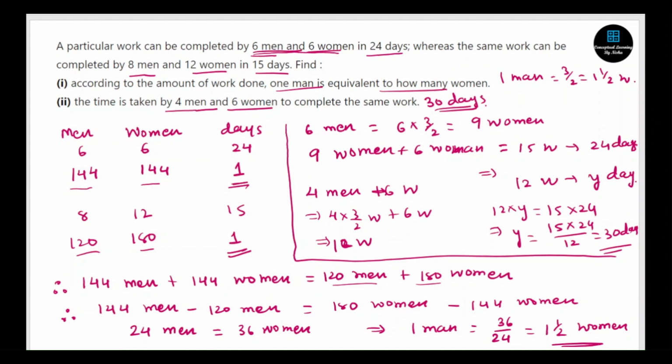So I can say that 6 men is how many women. So we got that total women are taking 24 days, so 12 women will take how many days? So please do it carefully. This is a very complicated question and it requires a lot of practice because there are so many chances to make a mistake here. So do it carefully please.